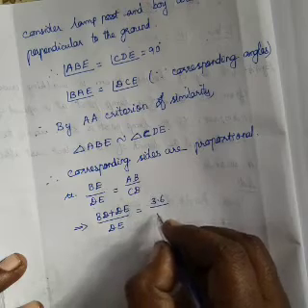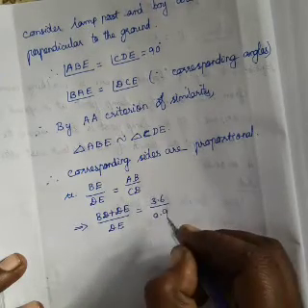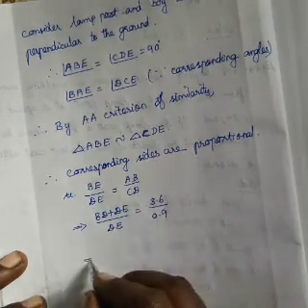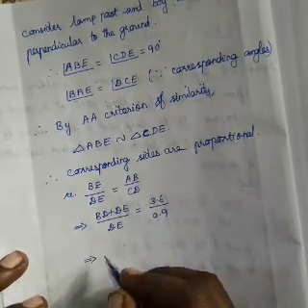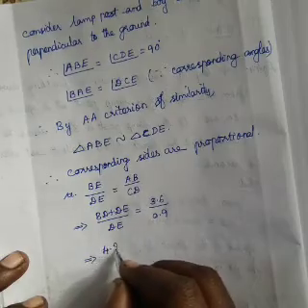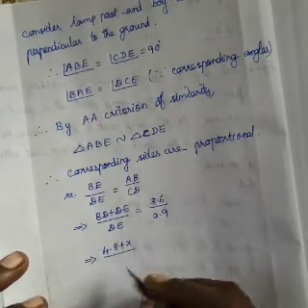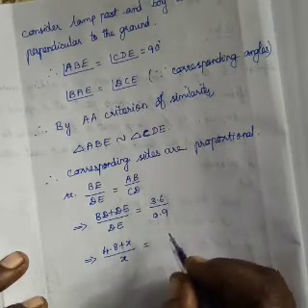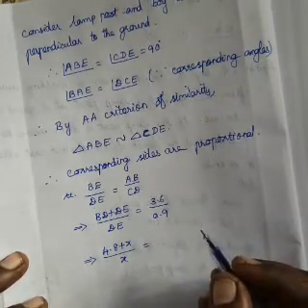We converted into meter, that is 0.9. So BD plus DE, that is 4.8 plus x, divided by DE value is x, equal to 3.6 divided by 0.9.